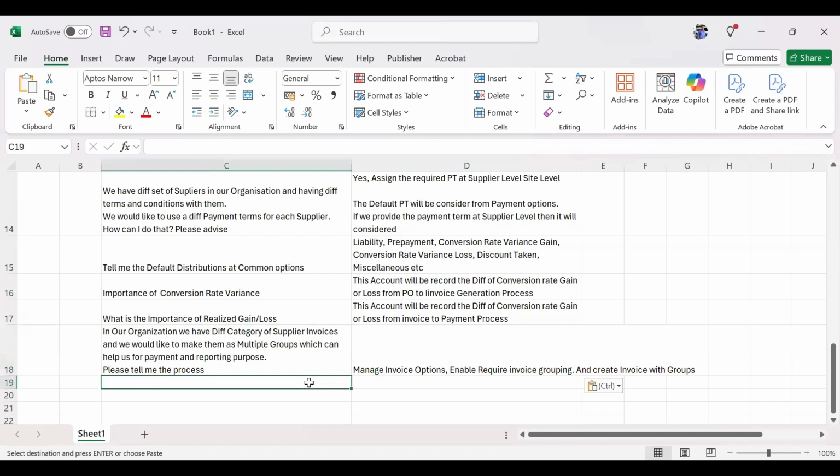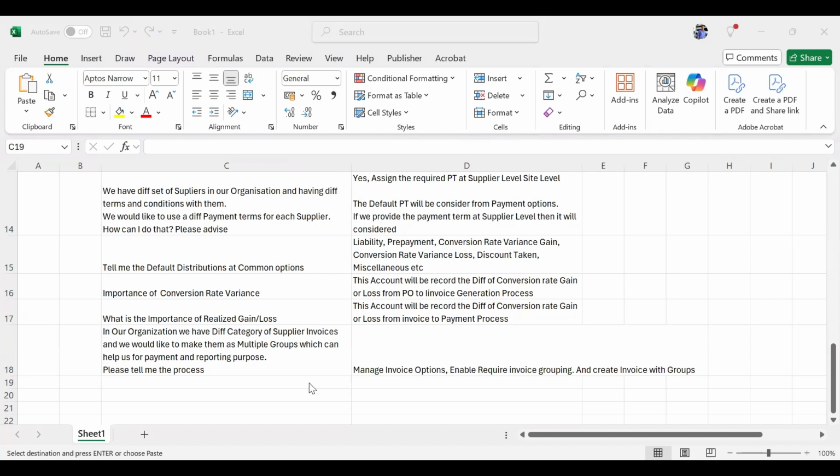So this is the invoice level option I'm asking about. The pay group you mentioned can also be done, but that is a different level.